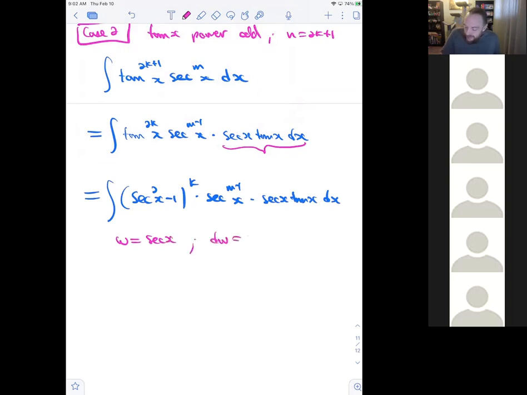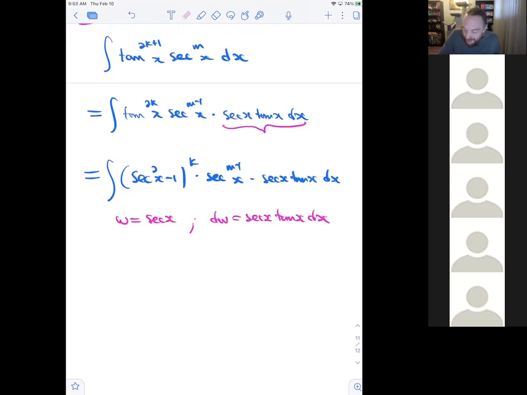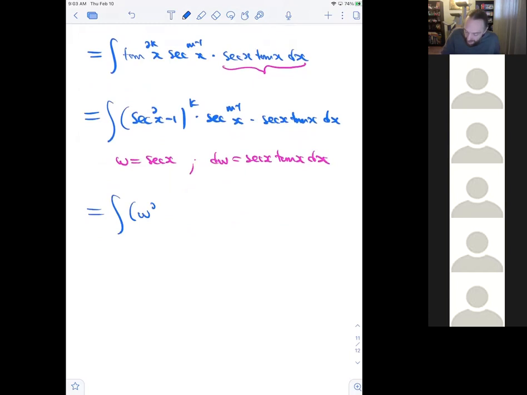Then dw is going to be secant x tan x dx. And we're off to the races. When I make that substitution, I get the integral of (w squared minus 1)^k w^(m-1) dw. And then I just use FOIL and the power rule to get myself out of this again.